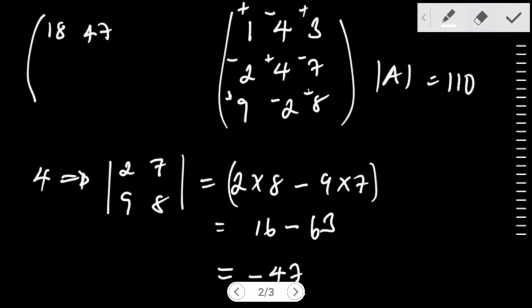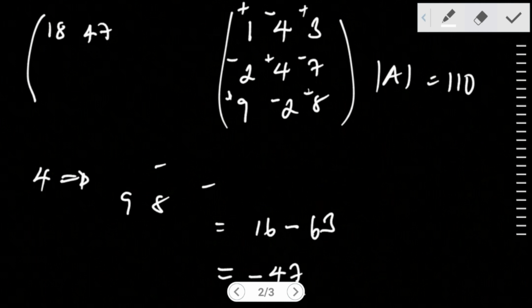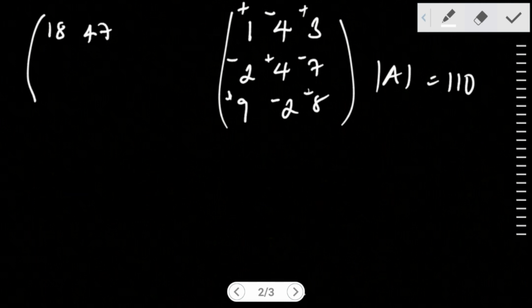Now let's get that of 3 in this case. For 3, we shall get it by taking the determinant of 2, 4, 9, 2.